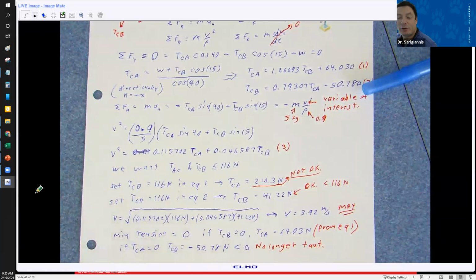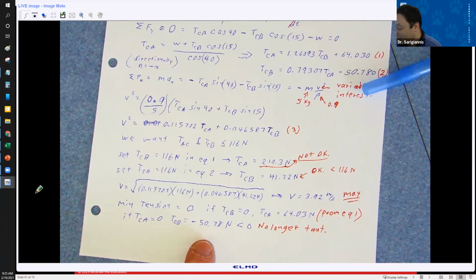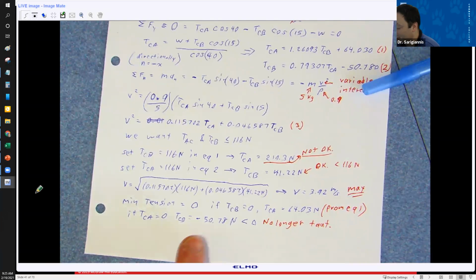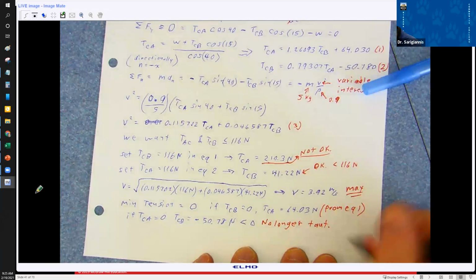right? Now this doesn't mean you actually get a negative tension. This is not a realistic answer. It just tells you it's less than 0, right? So let me just make a note here. Not actually negative 51 newtons, right?